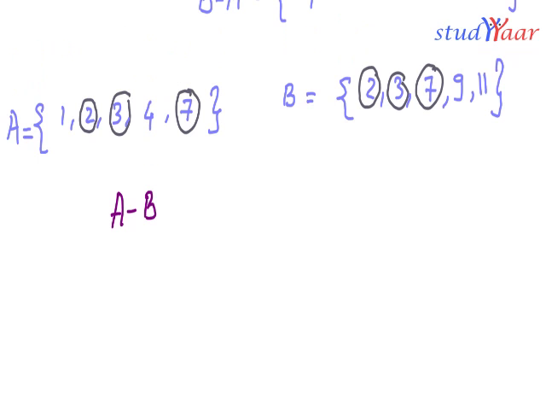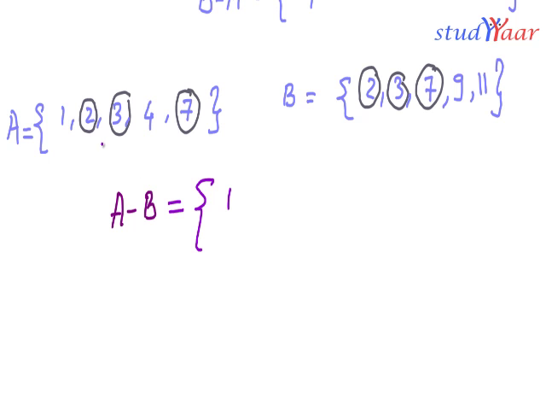So let us see what is A minus B over here. A minus B is equal to all elements in A. So we are going to see 1. 1 should be in A, but it should not be in B. Actually, 1 is not in B, therefore 1 is an element of A minus B. Now let's talk about 2.